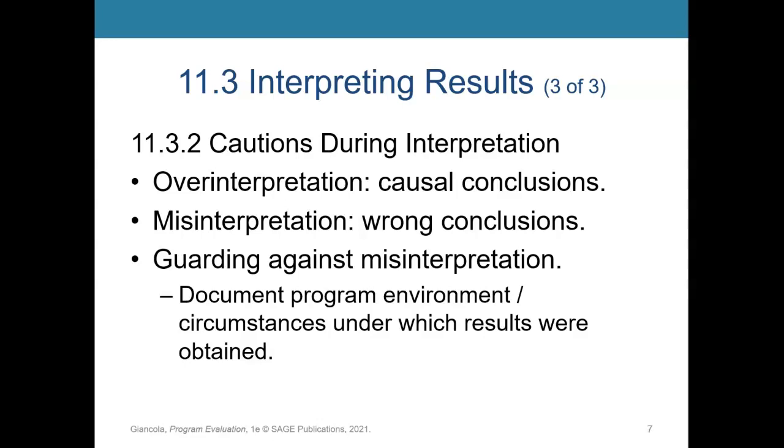Overinterpretation is one form of misinterpretation, but there are others. You also want to be sure that you don't claim your findings are something different than they are. You don't want to interpret your findings incorrectly. Misinterpreting a finding might mean you have overinterpretations where you're claiming causality that doesn't exist. It could be wrongly concluding what the results actually mean. You want to be able to guard against misinterpretation.